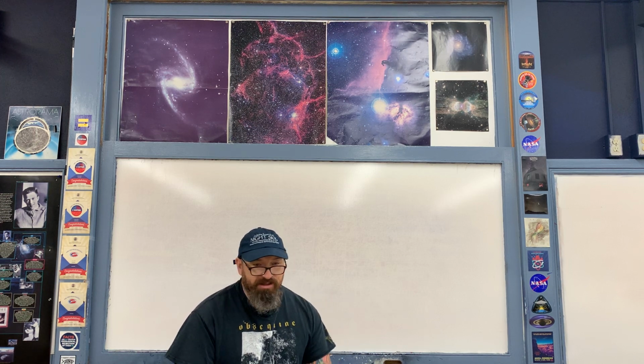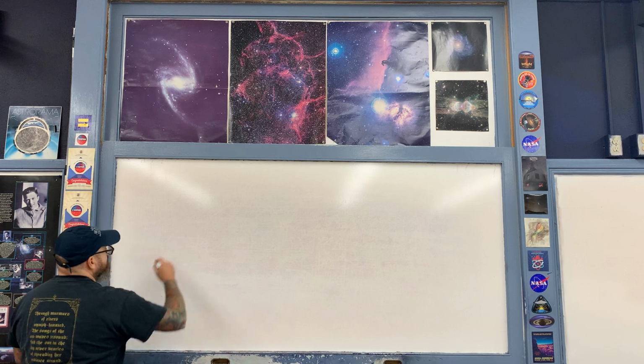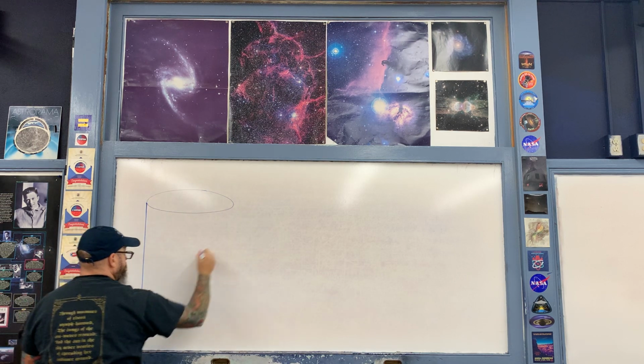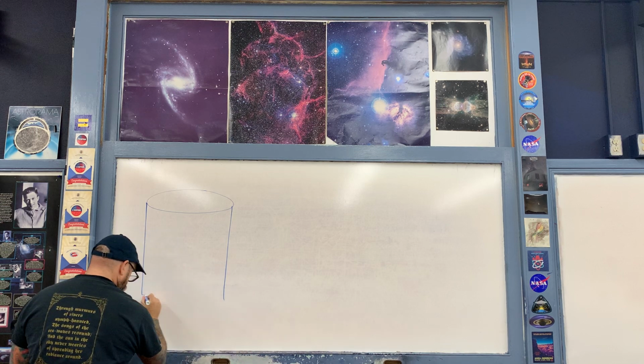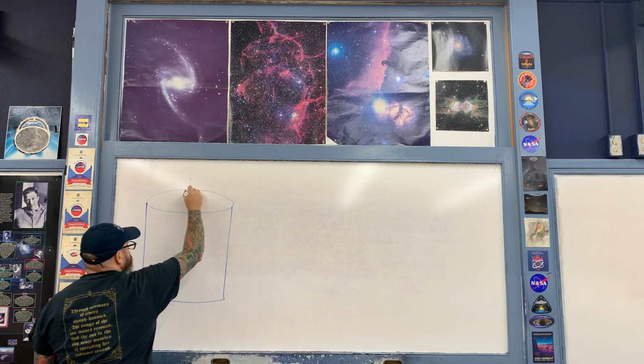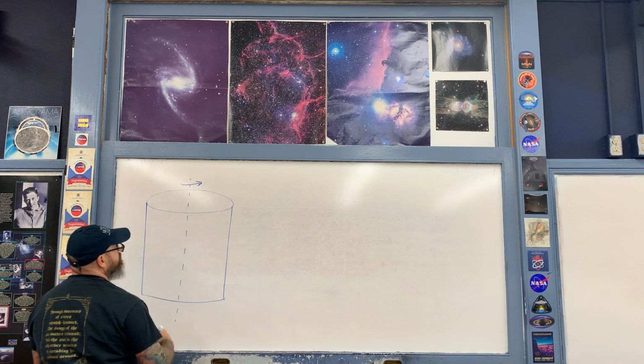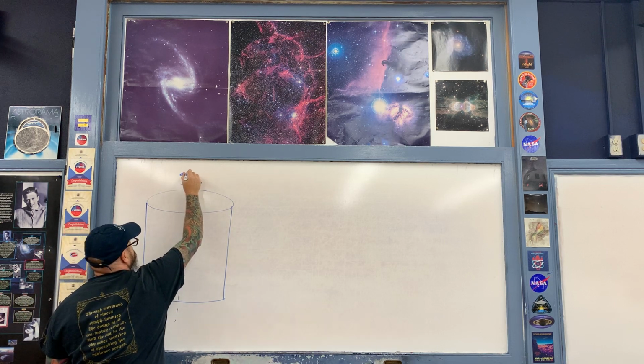Okay, now if you're not familiar with the ride, here's basically what it consists of. I'm going to go ahead and draw a cylinder here in profile, that is from the side, like so. And then right here we'll say is the axis of rotation of the cylinder, and it then spins up in this direction, we'll say in uniform circular motion.